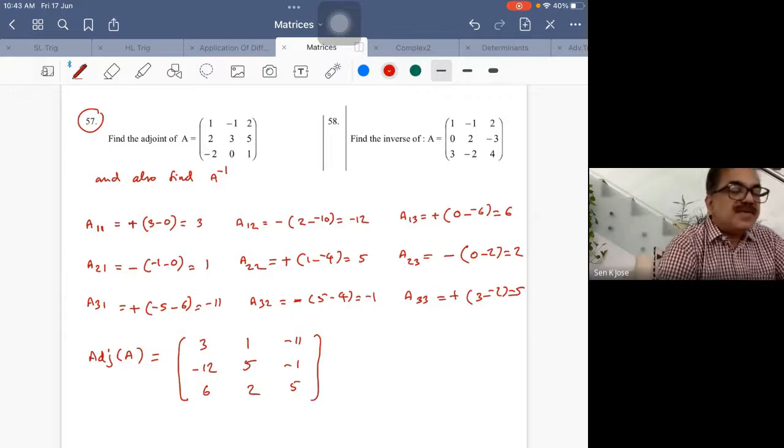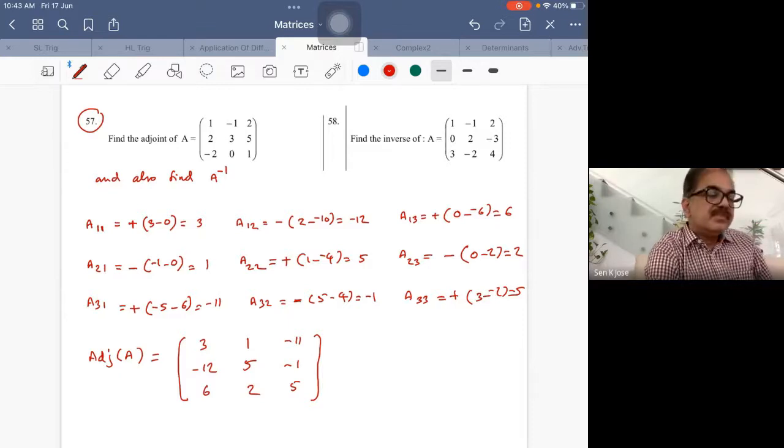Anybody confused somewhere? If you can tell me, then I can go over that. Maybe in school you are directly writing it into a matrix straight away. But I think cofactor can be written separately. Like if you make a mistake, it's easier to go back and check.